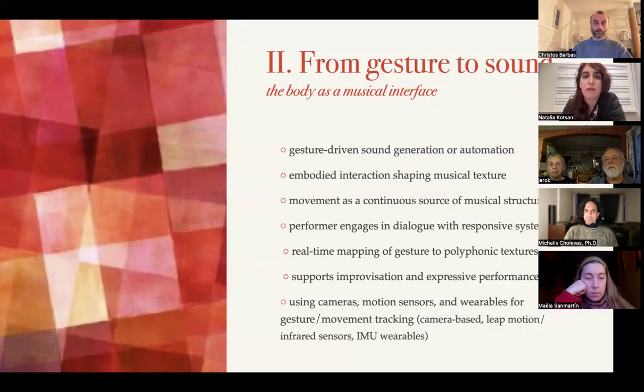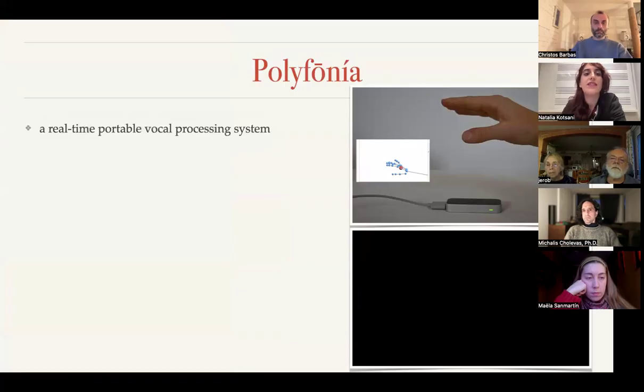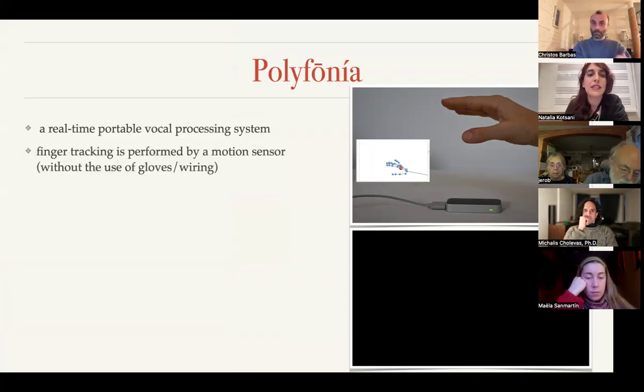The first example I would like to share with you is called Polyphonia, a real-time portable vocal processing system that I implemented in 2021. Polyphonia uses finger tracking and a motion sensor, a small sensor that you can see in that image.